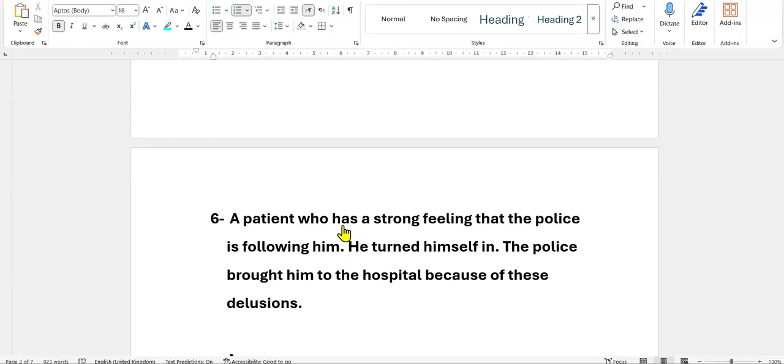Is this your case to treat as an emergency doctor? It's not your case to treat. It's for the psychiatry team to treat. So what are you going to do? You refer the patient to the psychiatry, or do you ask the psychiatry team to come? This is if you are in the hospital.